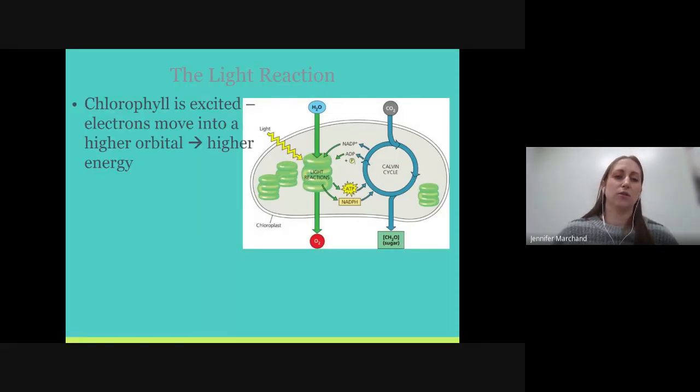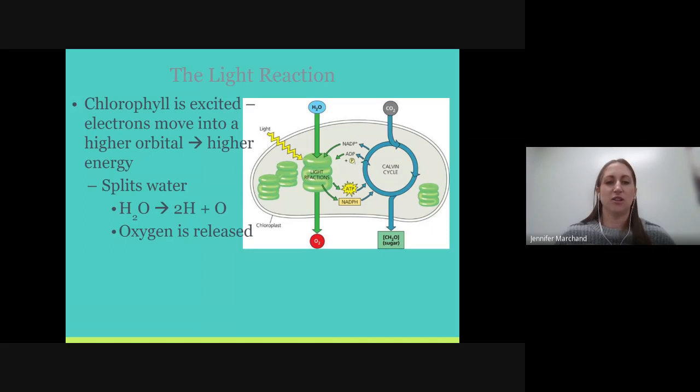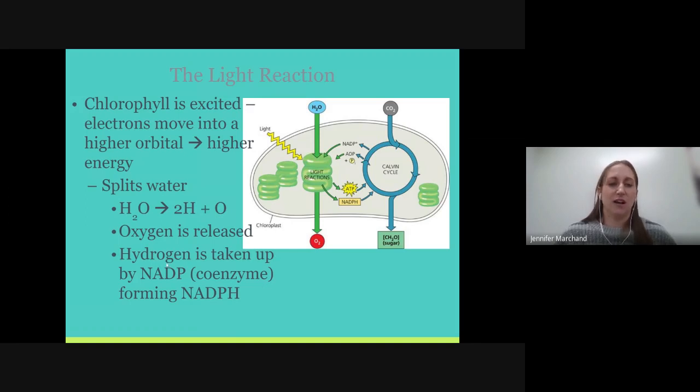Okay, so the chlorophyll gets really excited and its electrons move into a higher orbital once it receives the light energy. It's going to split the water, and then the oxygen is going to be released. That's going to go off into the world. It doesn't need it. Then it takes up the hydrogen, using its coenzyme NADP, and then it forms NADPH.